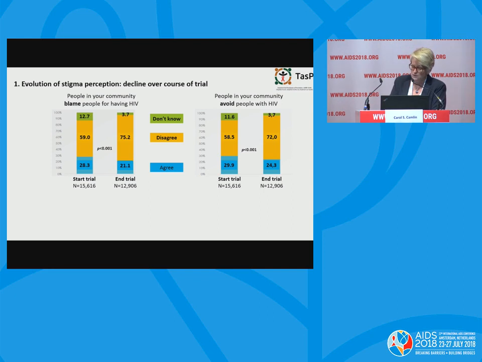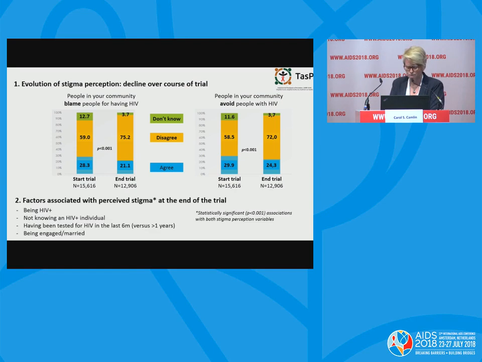Similarly, for the statement, people in your community avoid people with HIV, between the start and end of the trial, the proportion of people who disagreed with that statement increased significantly, and the proportion who agreed decreased significantly.